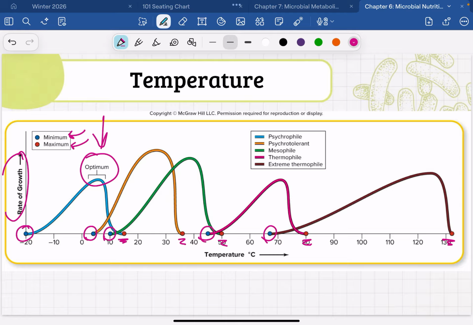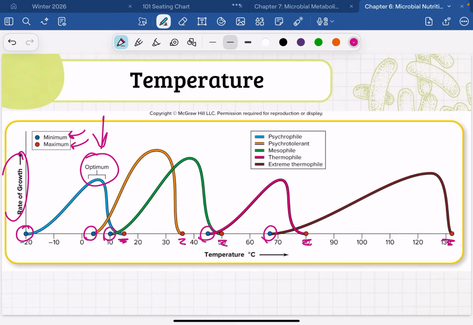My husband thinks his is 65, right? So each person has a different optimum temperature, and each bacteria is going to have a different optimum temperature. So we're going to focus mostly on the optimum when we're looking at these groups, but just know that the optimum doesn't mean that if it gets 1 degree above or 1 degree below optimum, it will die. It's just that's the best, okay?